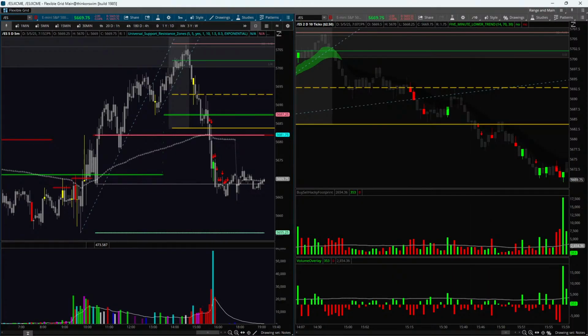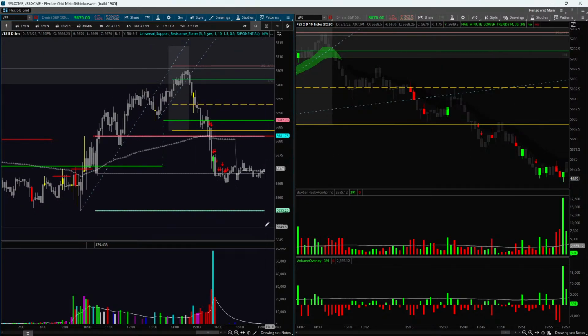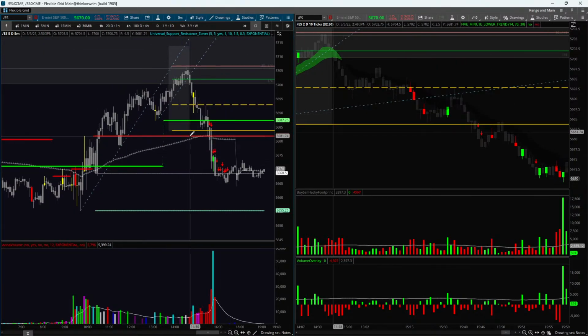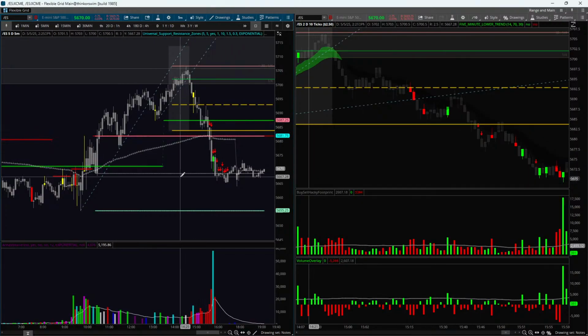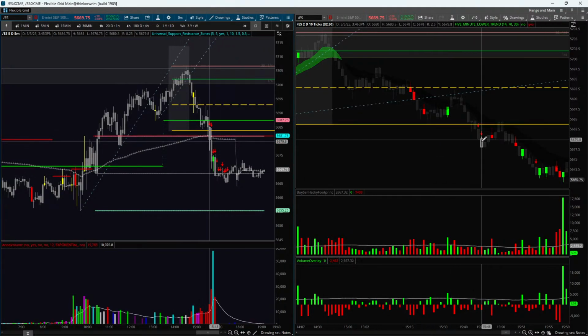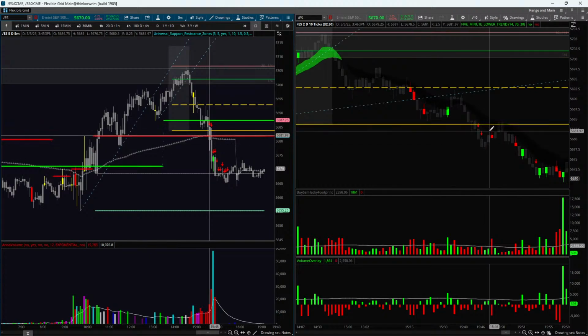56. See here. Should go 56.50. No, my goal is way down lower. My goal was down here. Alright, but I would have exited here perhaps, or even down here, depending on how price reacted when it got to here.